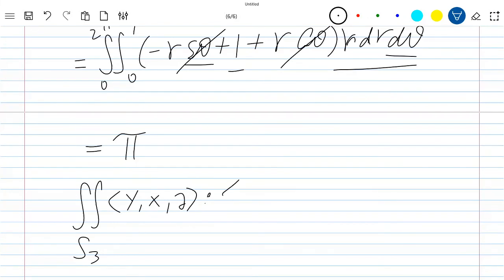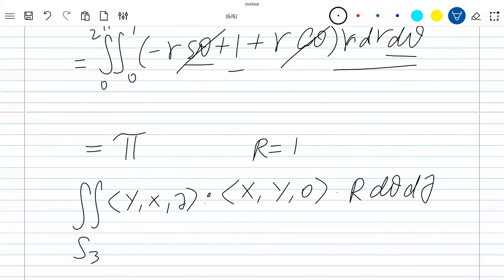Because the radius equals 1, cosine theta is nothing but x, and y, and 0. Okay, so that's your n. And then what's your ds? ds is r d theta dz.